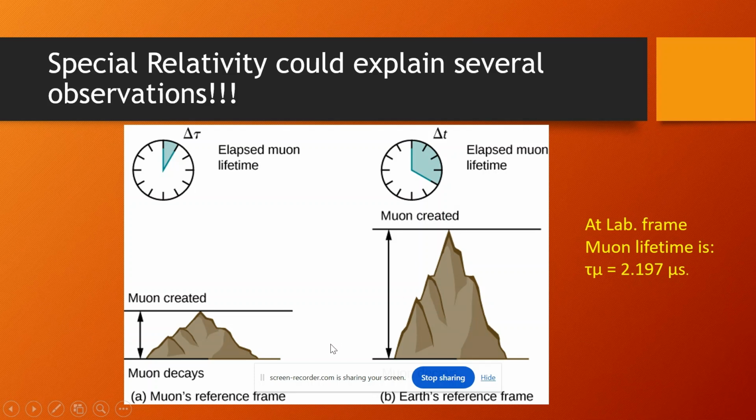So the muon is traveling toward our future, and that's how the muon is able to reach the surface of our planet. So, in other words, special relativity explains this unusual observation that the muon can really touch the Earth even if its lifetime is too short for doing that.